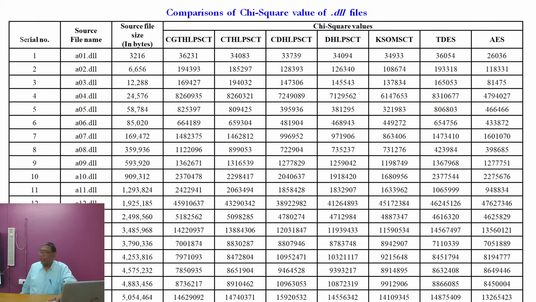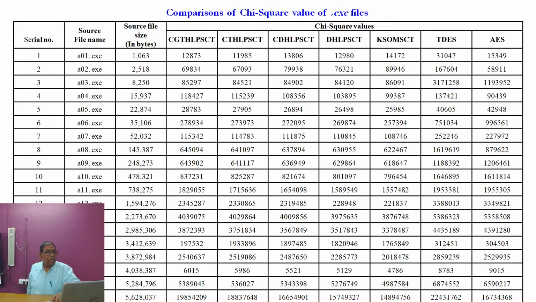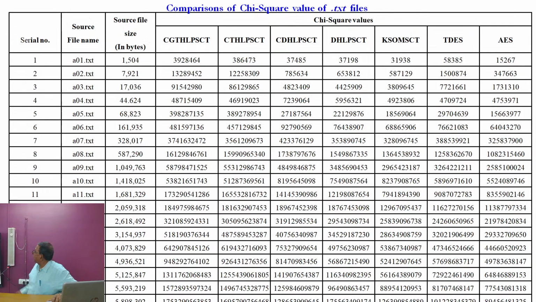For all the cases, you see AS is 26,000, but here we have this one, 36,000. So that means I am enhancing the security again, for the various types of files. I am enhancing the security for all cases.